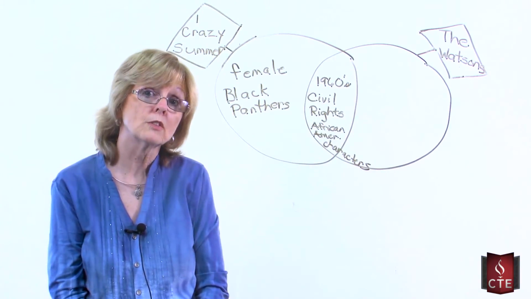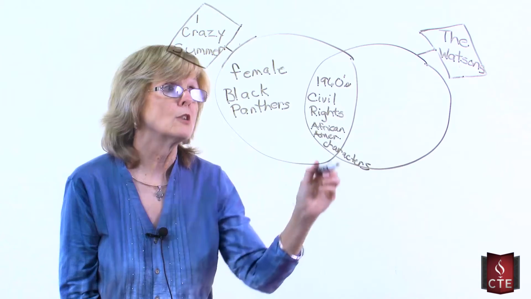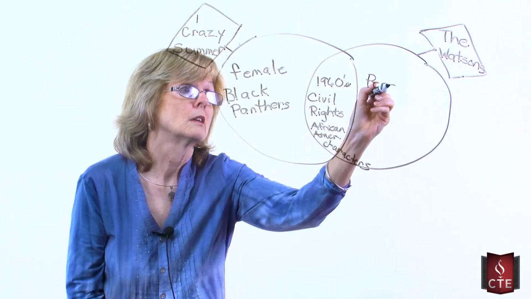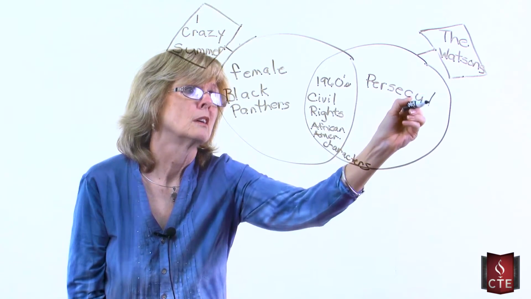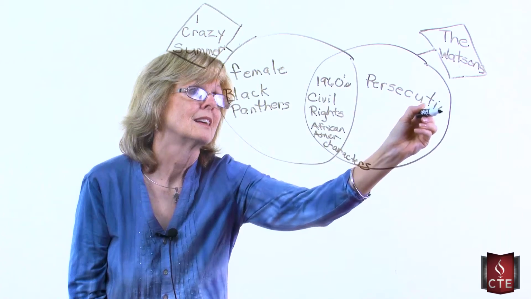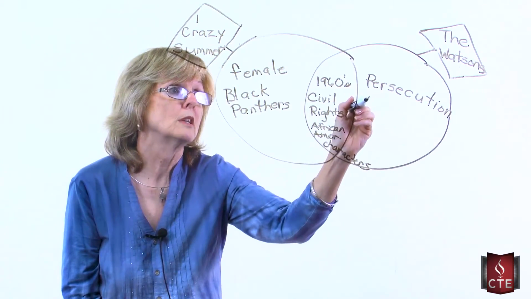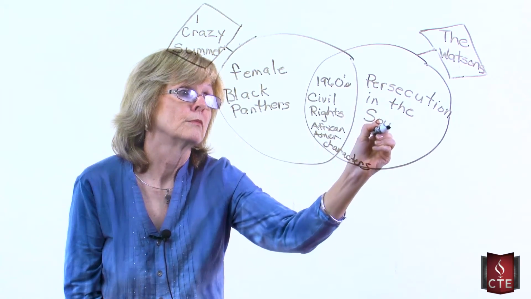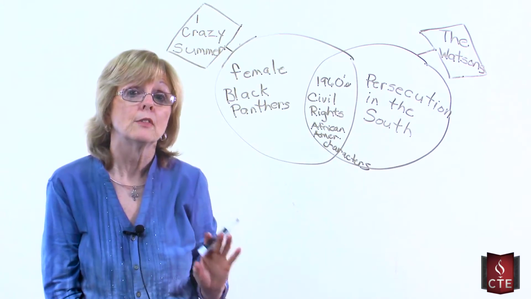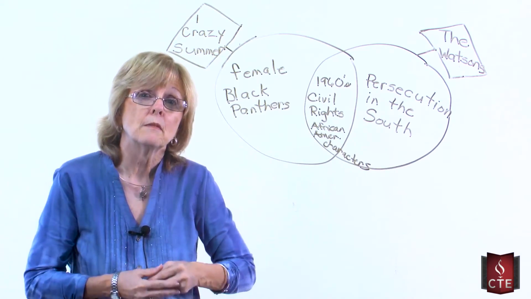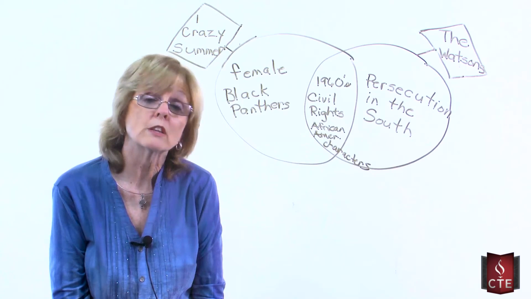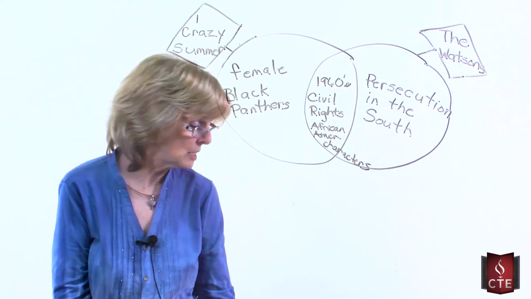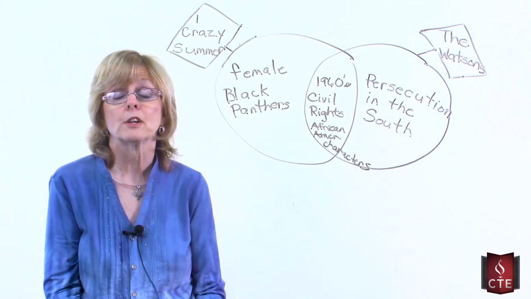The Watsons, on the other hand, took place in the South and talked about a lot of the persecution that African Americans went through in the South. So comparing and contrasting the two texts here would be a way that students could demonstrate their comprehension on a pretty high level to see how these two texts are alike and how they are different.